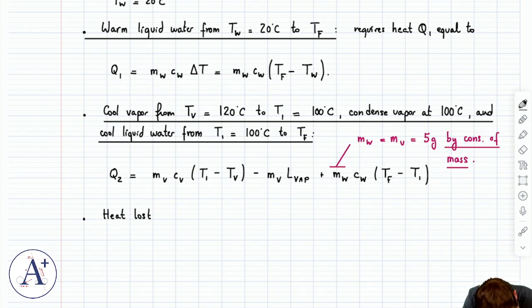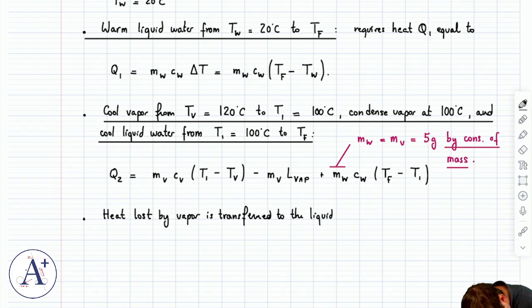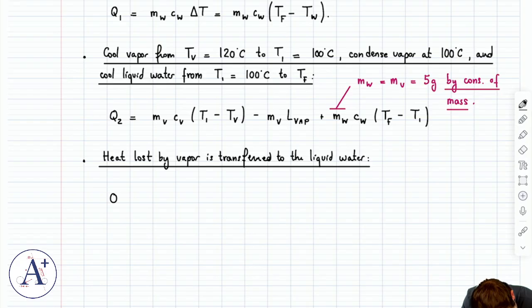And so then all we do is say that the heat lost by the vapor is transferred to the liquid water, and because of it, Q1 plus Q2 is equal to 0.